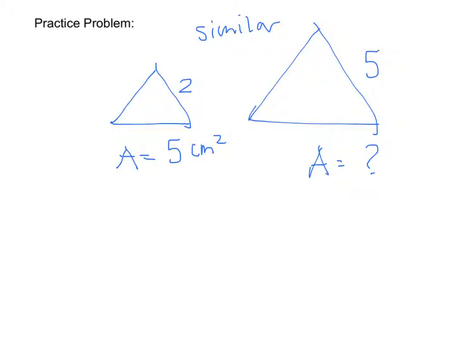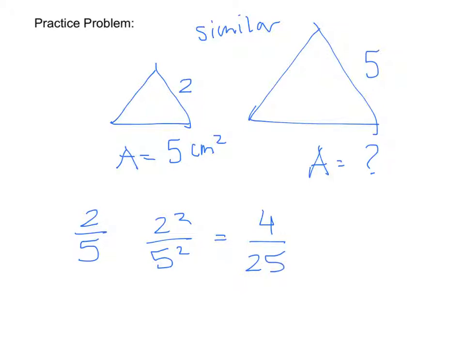So we know that the ratio of the sides is going to be 2 to 5. So we know that the ratio of the volume, or of the areas, excuse me, is going to be 2 squared over 5 squared. So that turns out to be 4 over 25.